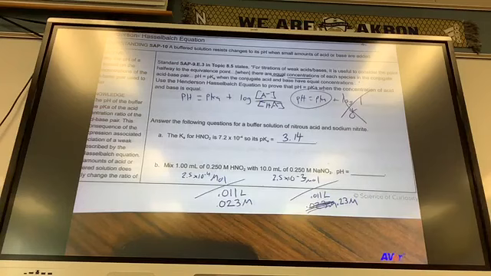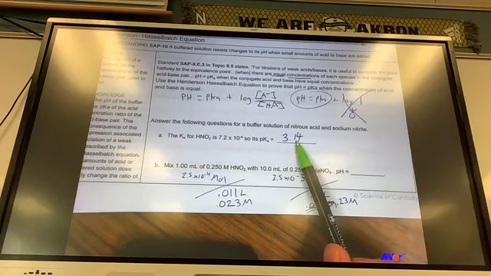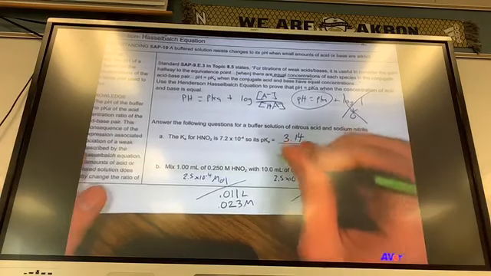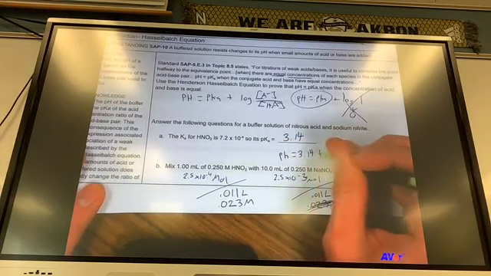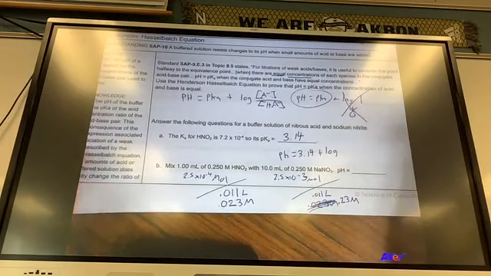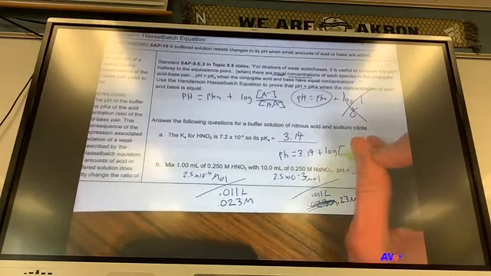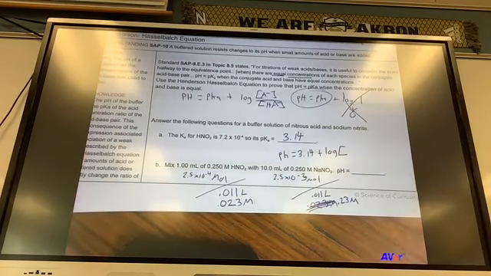So, what is my pH? What am I going to do with these two numbers? I have the pKa, right? I'm going to Henderson-Hasselbalch the heck out of this thing. So pH equals 3.14 plus log of, which number is going to go on the top?